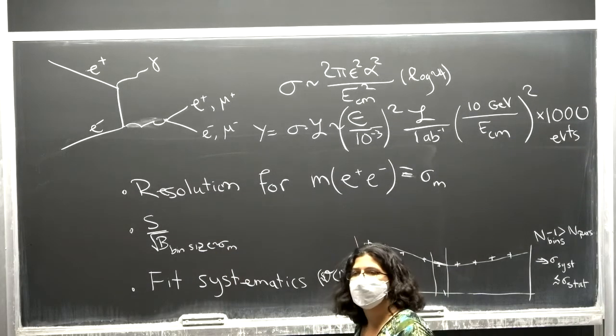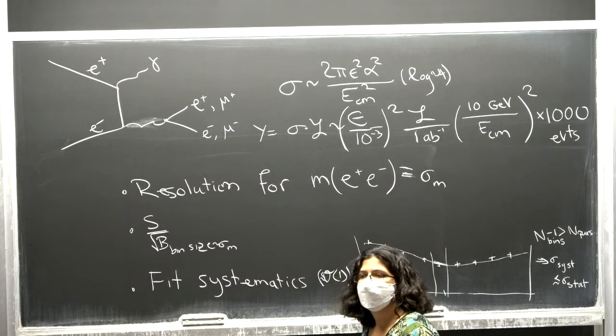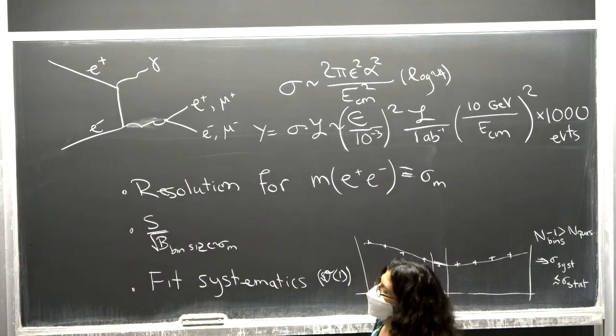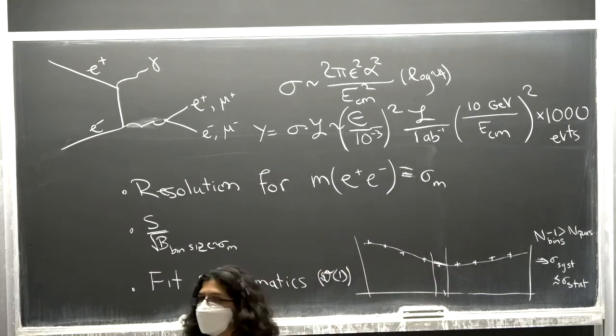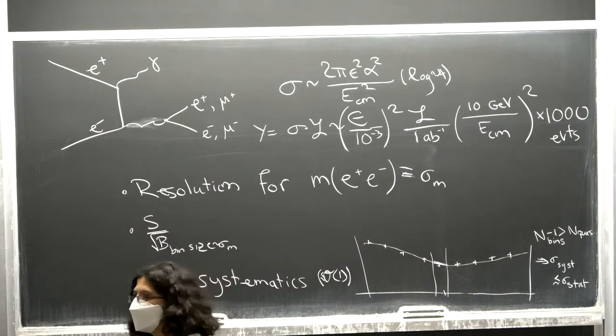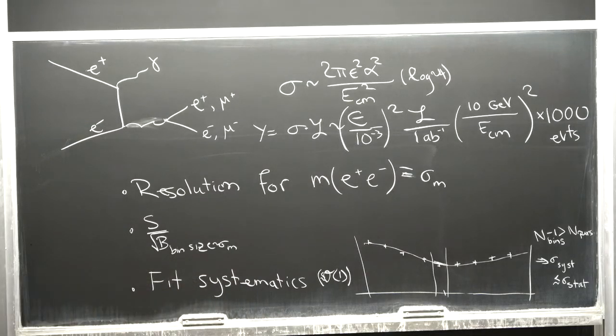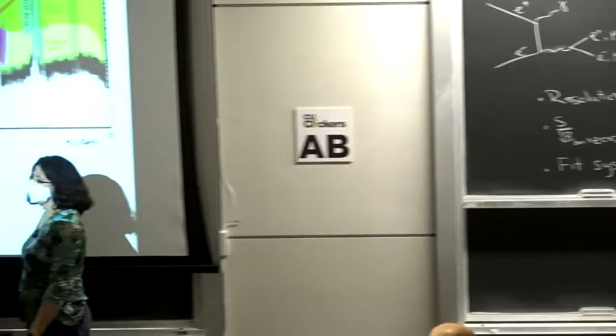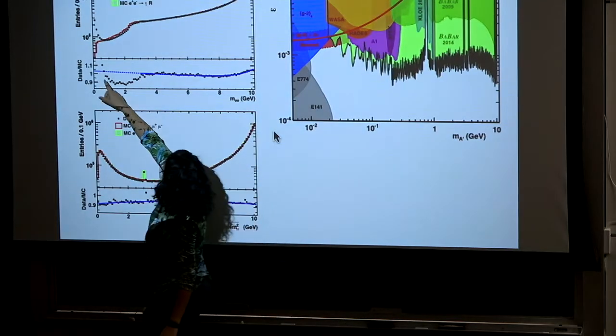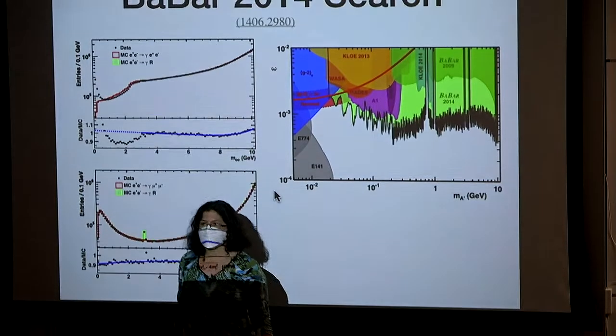Yeah? Two questions. I see on the plot there that they compared data to Monte Carlo. Did they use the Monte Carlo prediction, or was it just purely... They didn't. This was to show that they have some clue what's going on in the detector. And you'll see there's actually a pretty bad discrepancy down here at really low masses in electrons.